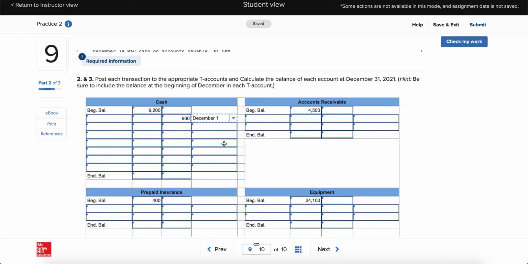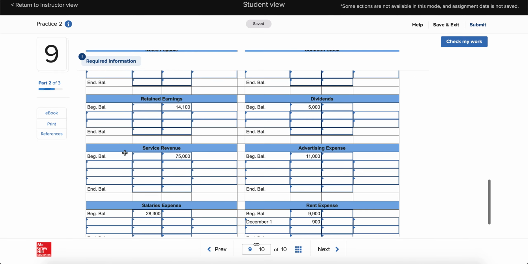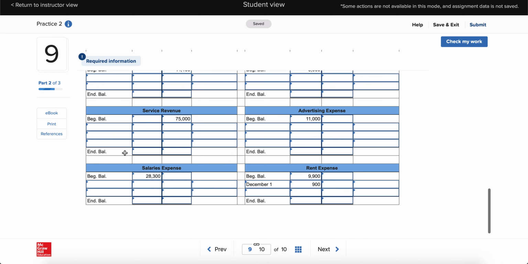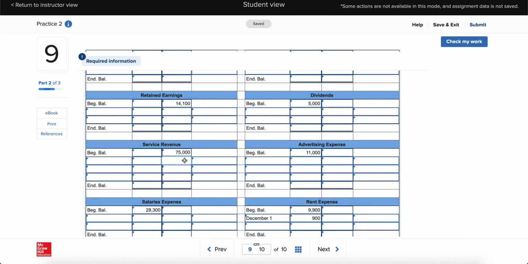Okay. The next journal entry, December 5th, cash debit of $2,800. So I may as well do that while I'm here. And that happened on December 5th. The credit was to service revenue, and that is in the amount of $2,800, and again on December 5th.